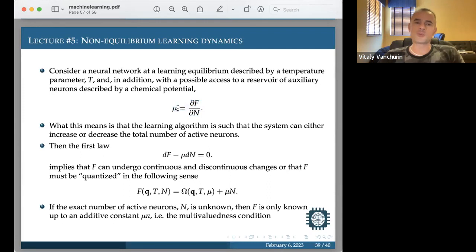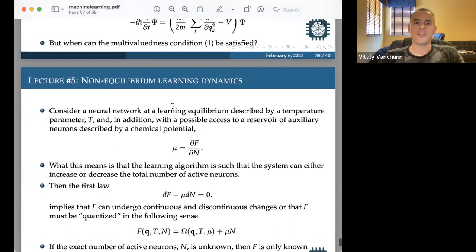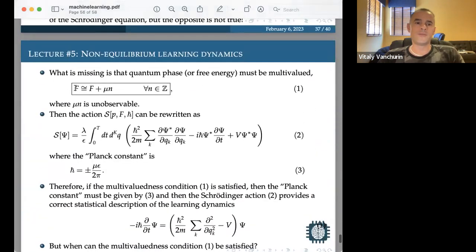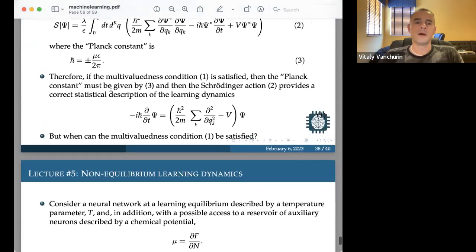Now of course, it may happen that mu is very large or very small, and then although we do have this condition that I'll argue we have, by changing mu to be very large or very small, this quantumness may actually break down, because this condition tells you that this should be true regardless of how many neurons you add to the system.